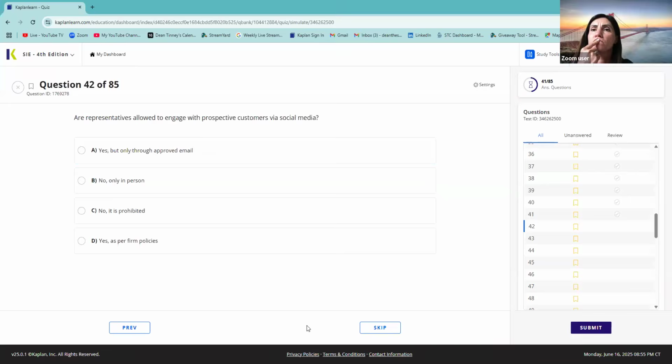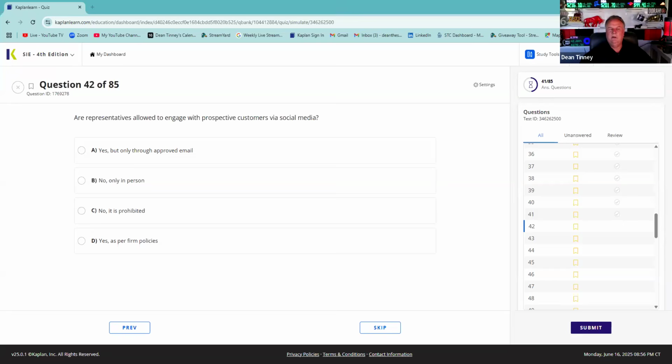Are registered reps allowed to engage with prospective customers using social media? Yes, with the approval of email, I think.